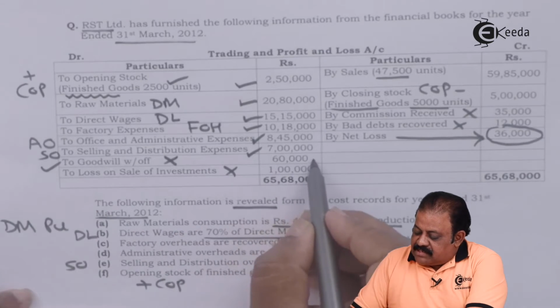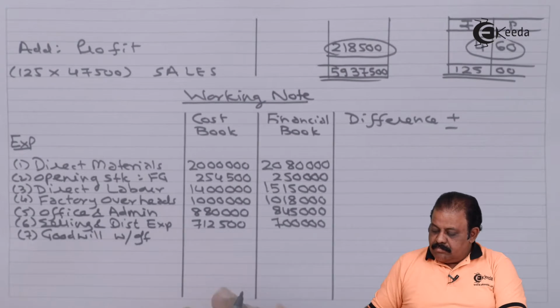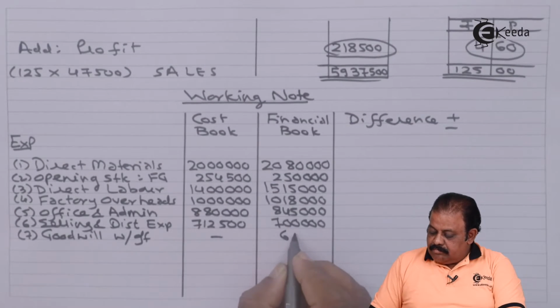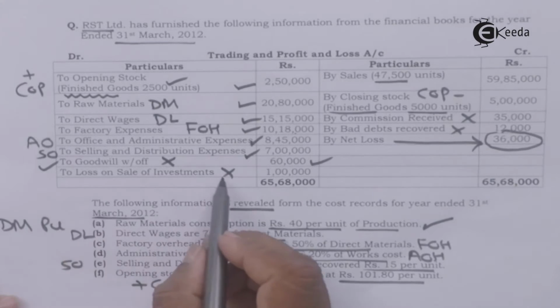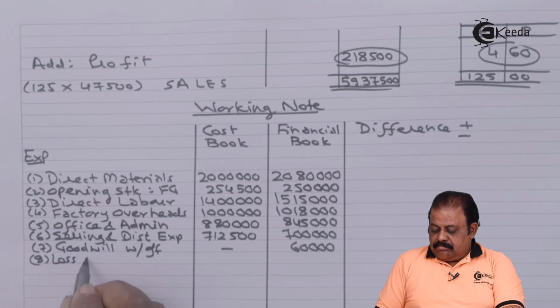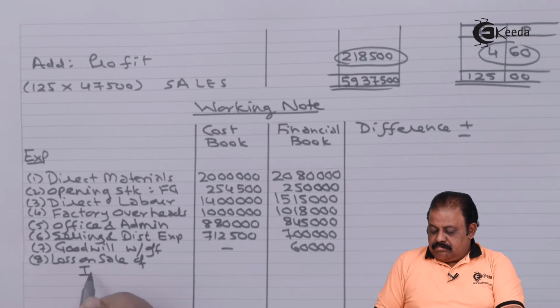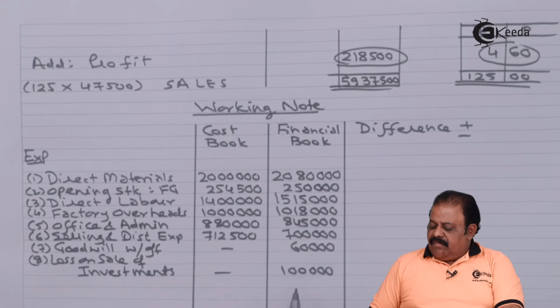Goodwill written off 60,000. This is recorded only in financial book. Loss on sale of investment 1 lakh. This is recorded only in financial book.